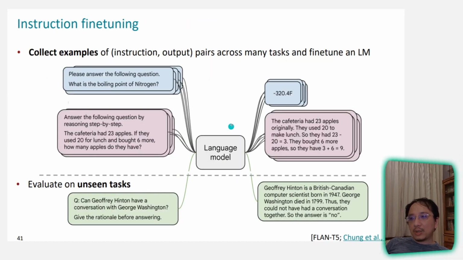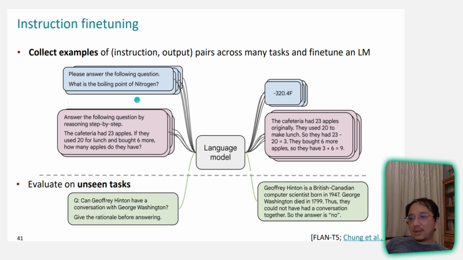So a simple solution is we collect instruction text, where we directly encode our intention as text and tell the model to follow the instruction to do the output.